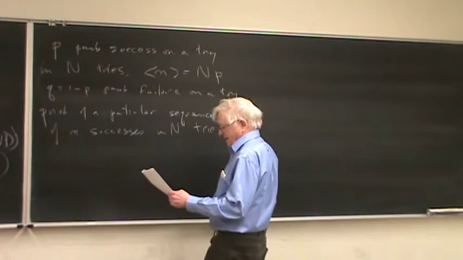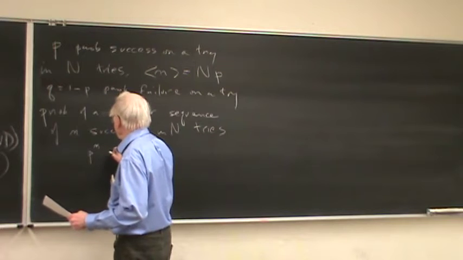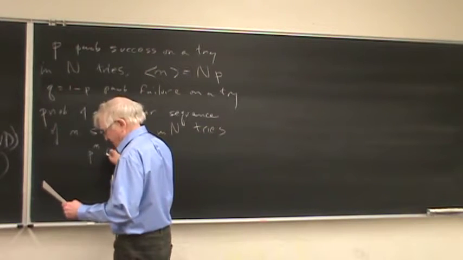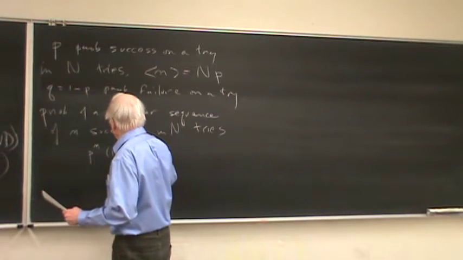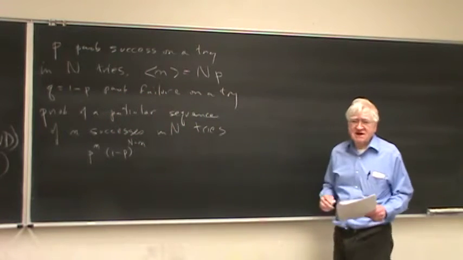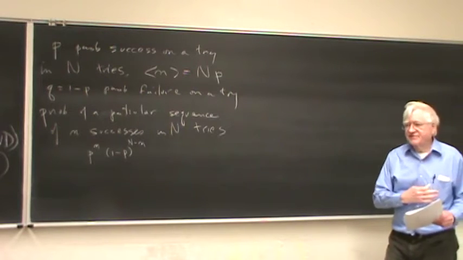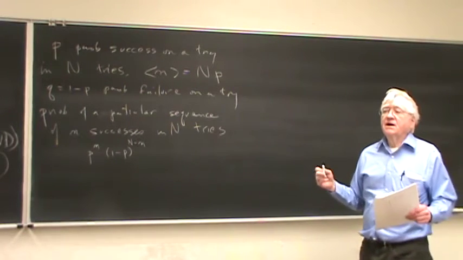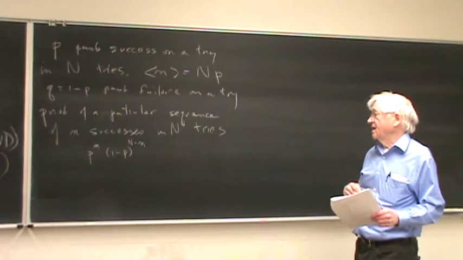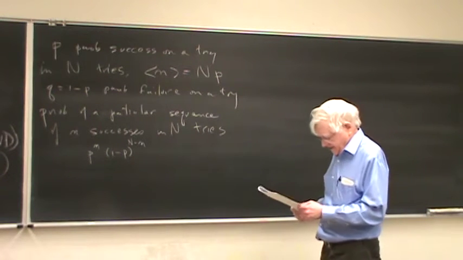Well, it'll be p to the n, times q, or 1 minus p, to the big N minus n. So that's the probability of a particular sequence, say a run of little n successes followed by big N minus little n failures. That's the probability of that.